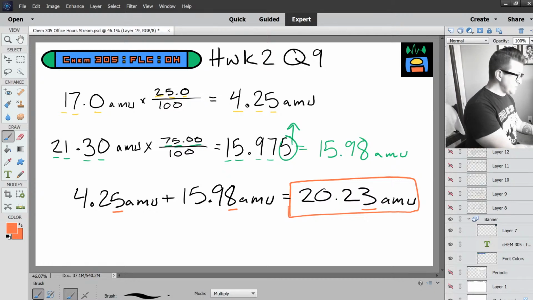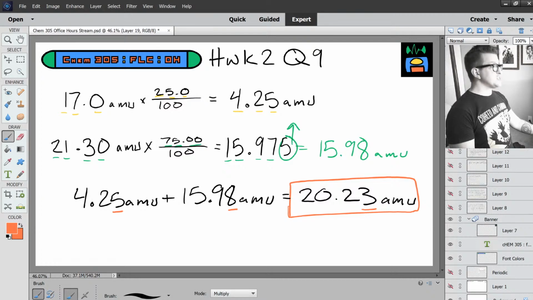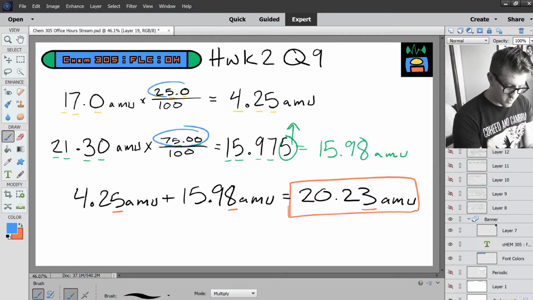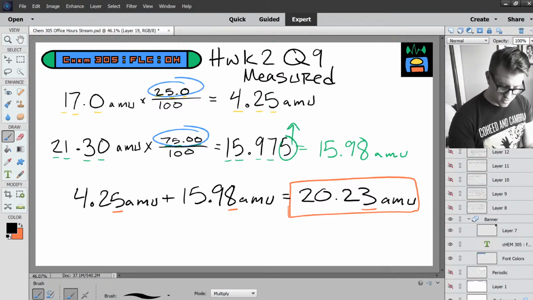So the percent abundances are always measured. They're not exact. So these guys up here are measured. Both of those are measured.